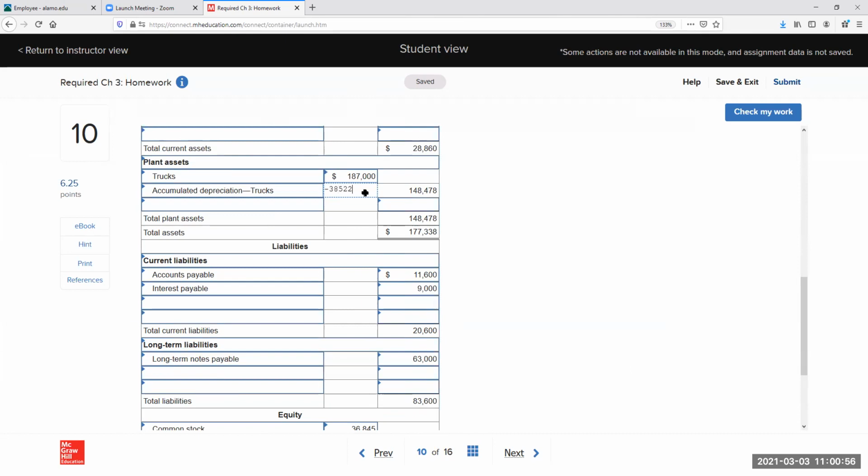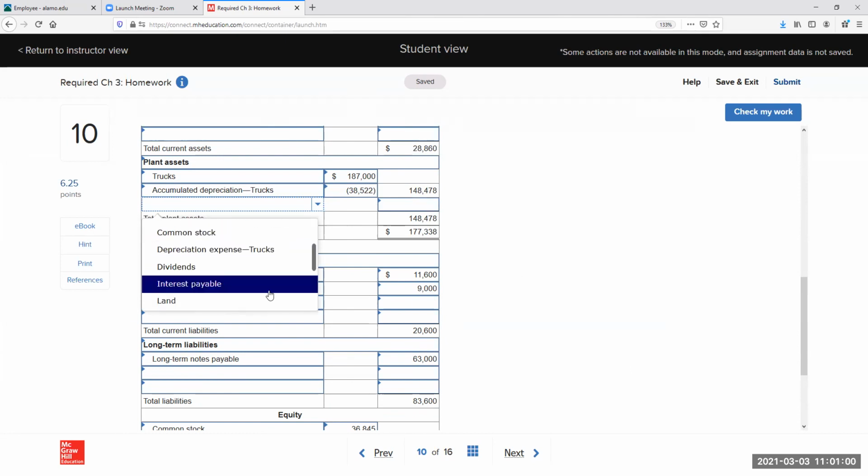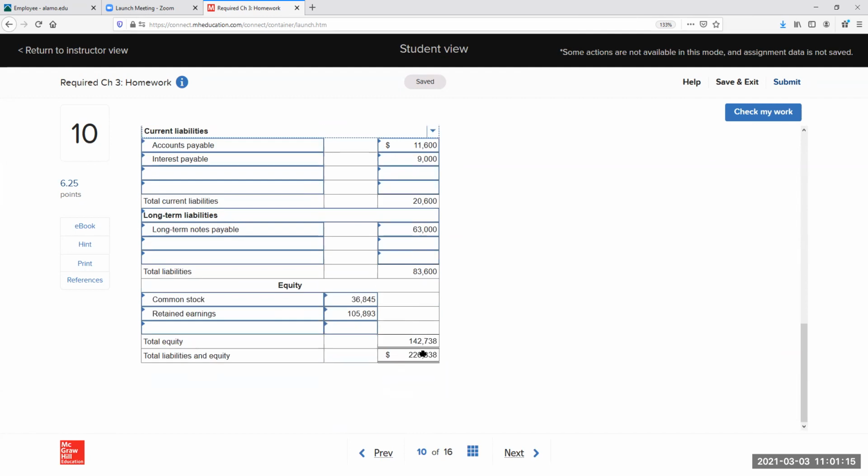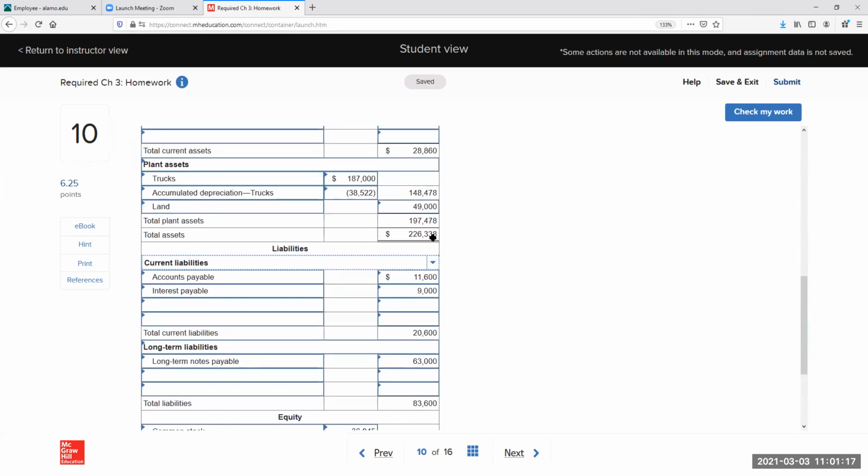It did subtract, but this has to be land, and that's 49,000. Why does it keep doing that to me? Land, 49,000. There you go. It's making me put it way over there. Now I finally balance.